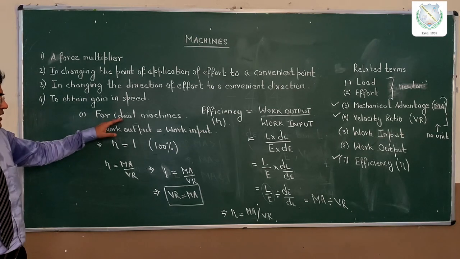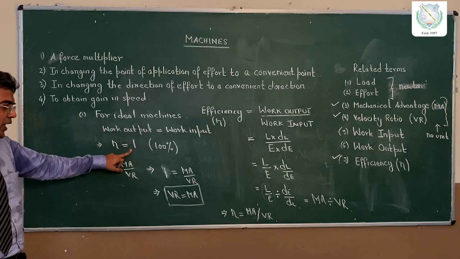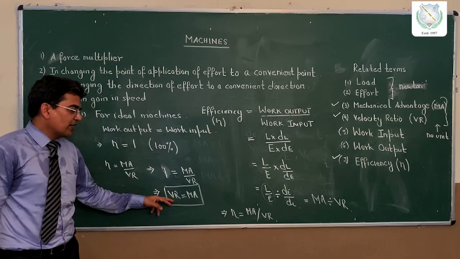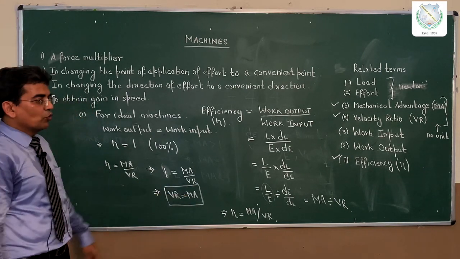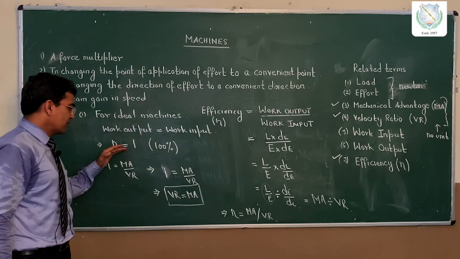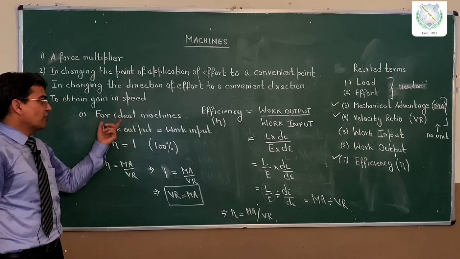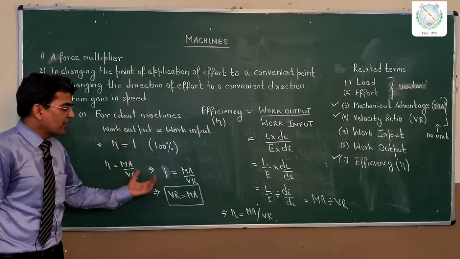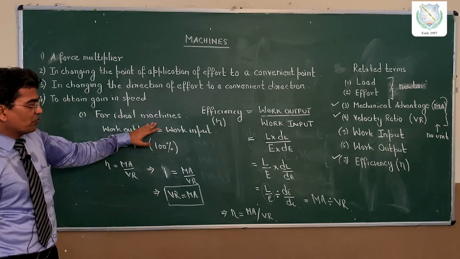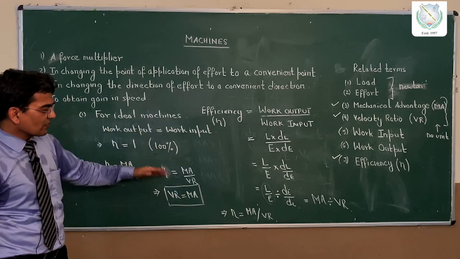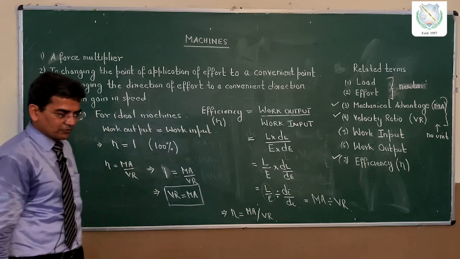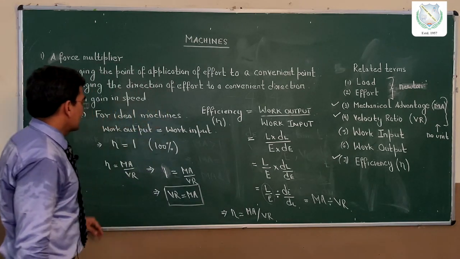For an ideal machine, efficiency will be 1, and the relation between MA and VR is MA equals VR, because most of the times in the board exams they may ask you this question: write the efficiency for an ideal machine, or write down the relation between MA and VR in case of an ideal machine. This is the relation, and how it has been derived has been explained over here.